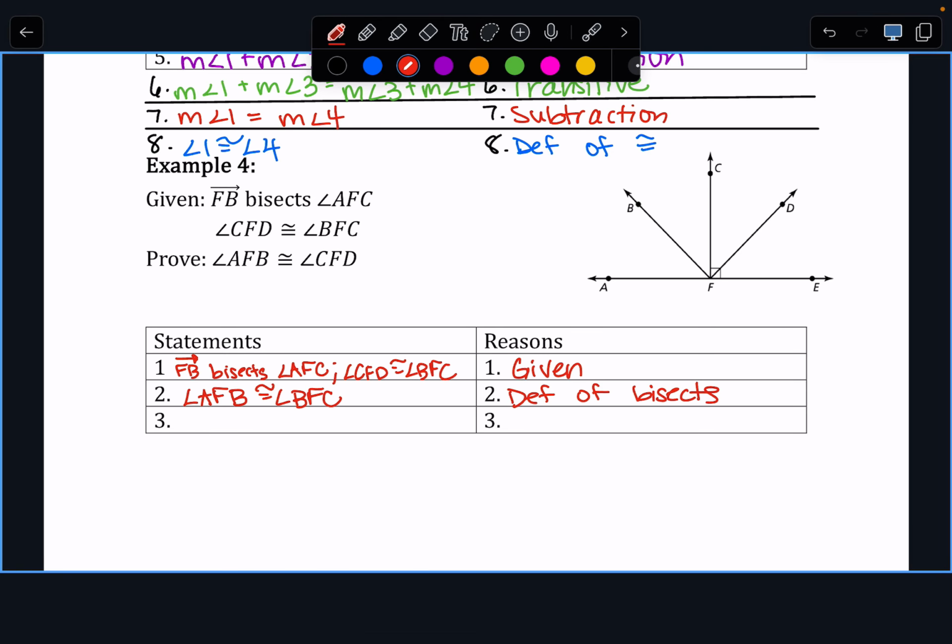If we are given a bisector, we need to, in the next step, have 2 equal angles. Just like if we have a midpoint, our next step is we need to use 2 congruent or 2 equal segments. With an angle bisector, we have 2 congruent or 2 equal angles.